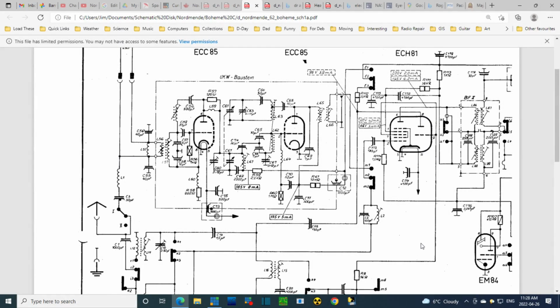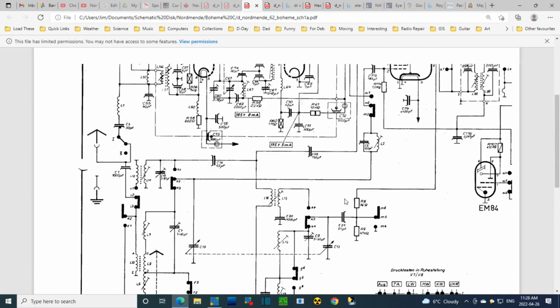Okay, after a little bit of a distraction, I was following the AVC line developed out of the AM side of things here, and it's applied to this grid on the mixer tube. Not quite sure what they're up to. I think I am now.